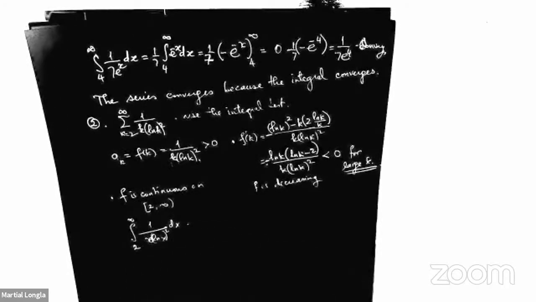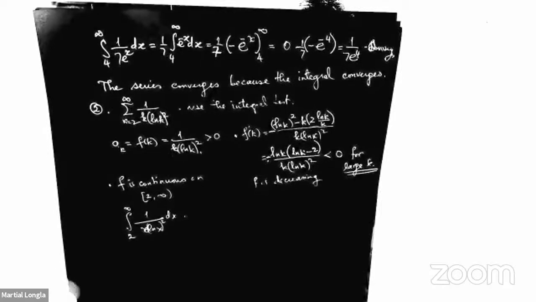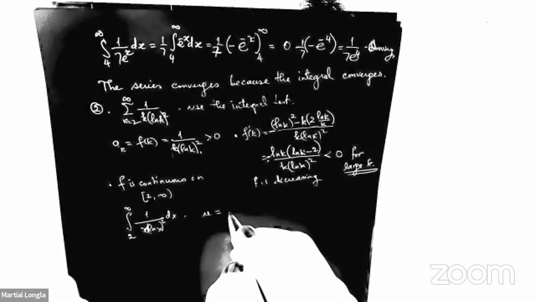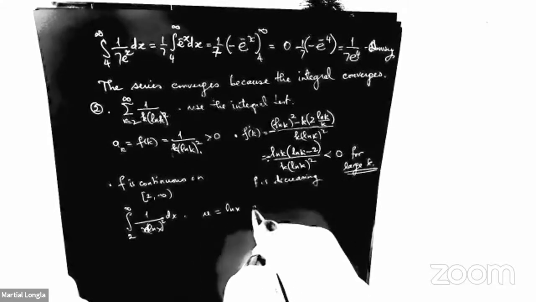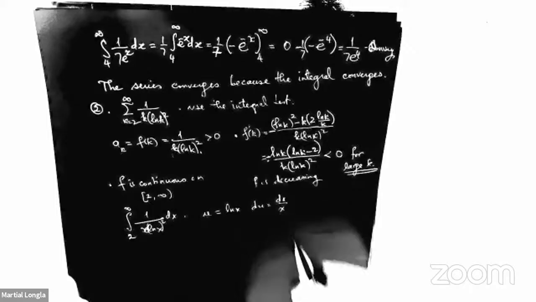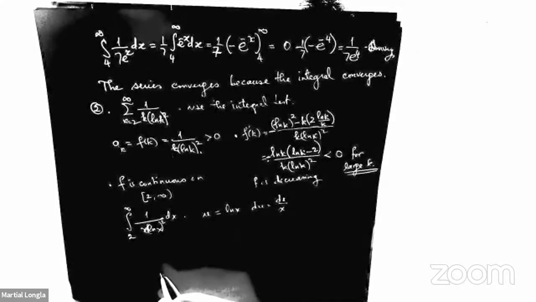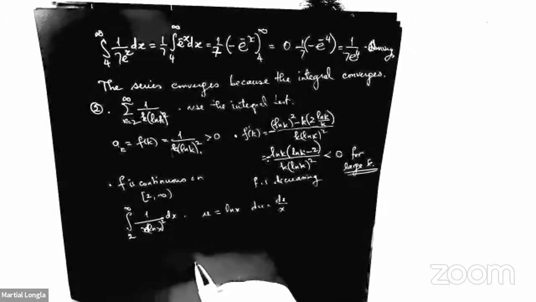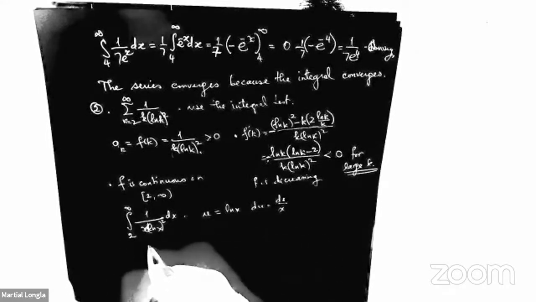You compute this integral by substitution. If u equals natural log of x, du is dx over x. So that's dx over x, that's du. So you have the integral of du over u squared.